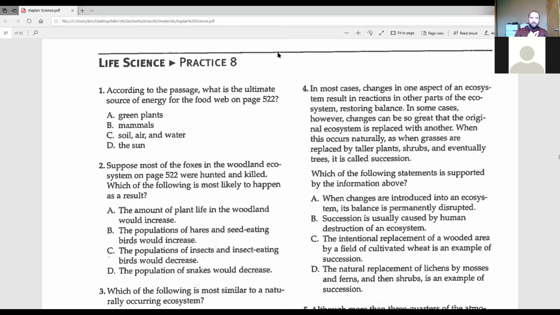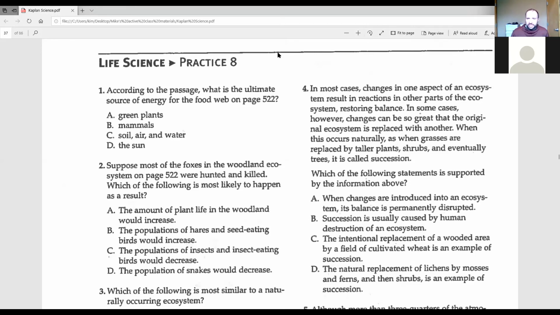If we cut down all the trees and a field of grass replaces it, that has changed the ecosystem. Not naturally, but changed by the man-made change. And so both things can happen, right? But it can happen naturally, right? That's not uncommon and not unnatural, right? For environments to change over time.